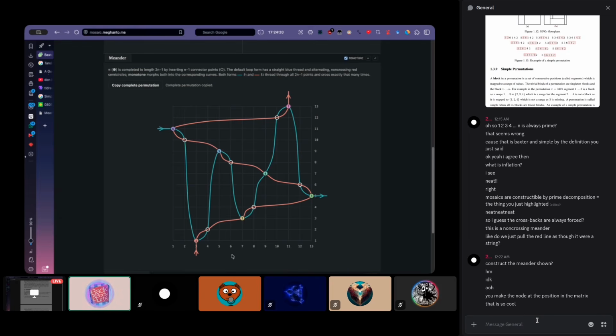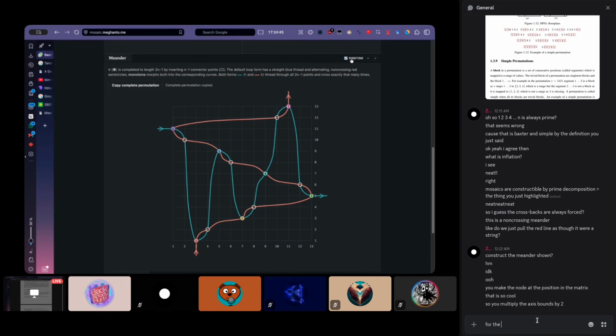And notice that this is a function of y that does not have any equality. So if you tilt your head to the side, you can see this as a pure function. And similarly for the blue. I multiply the axis bound by 2.